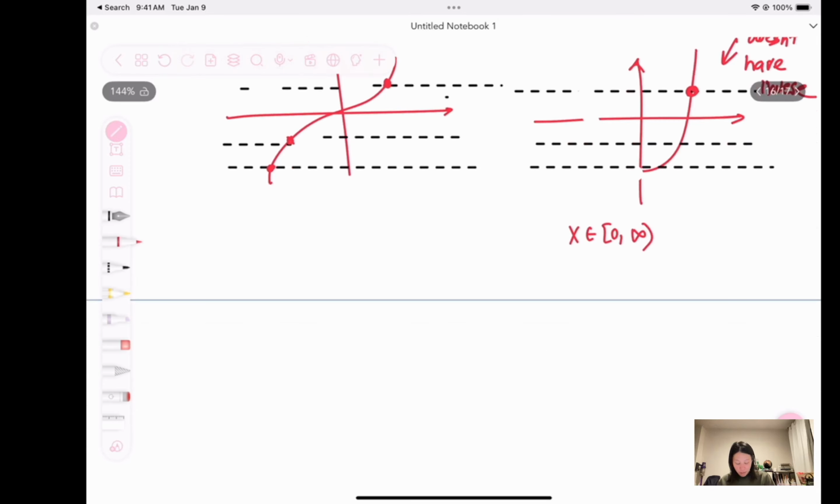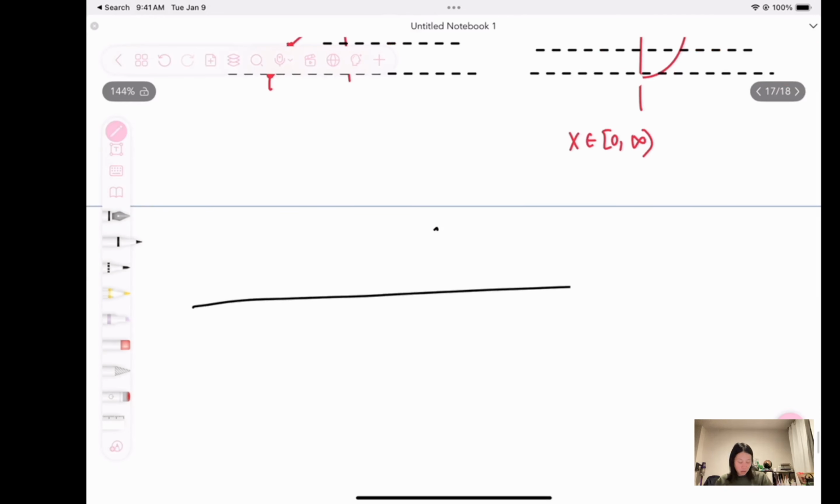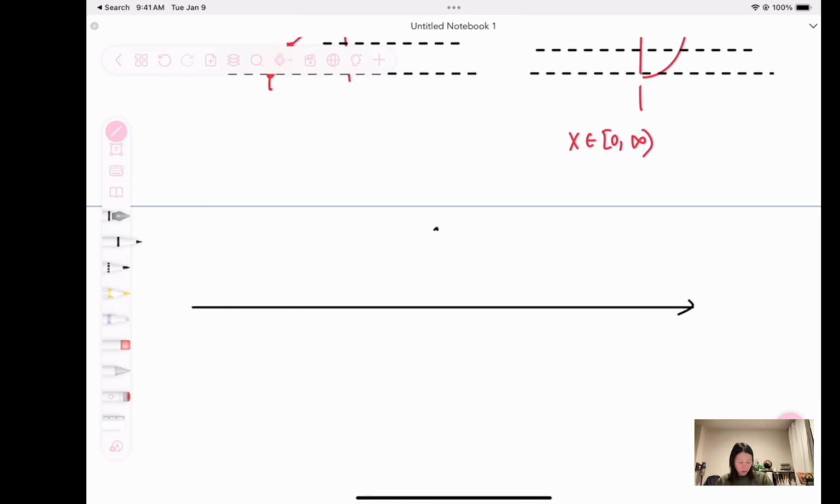Why is that? Because if you remember our sine and cosine functions, such as sine, which starts at 0 and looks like this, that's our sine function.